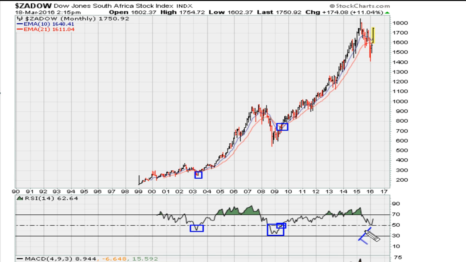In fact, the last 2 months we held on the 50, suggesting that this might be the reason why the market is up 11% this month alone. So the South African market seems to be holding very well, and again another world market showing support on its monthly chart. As long as that's the case, one can assume that month to month markets look okay.